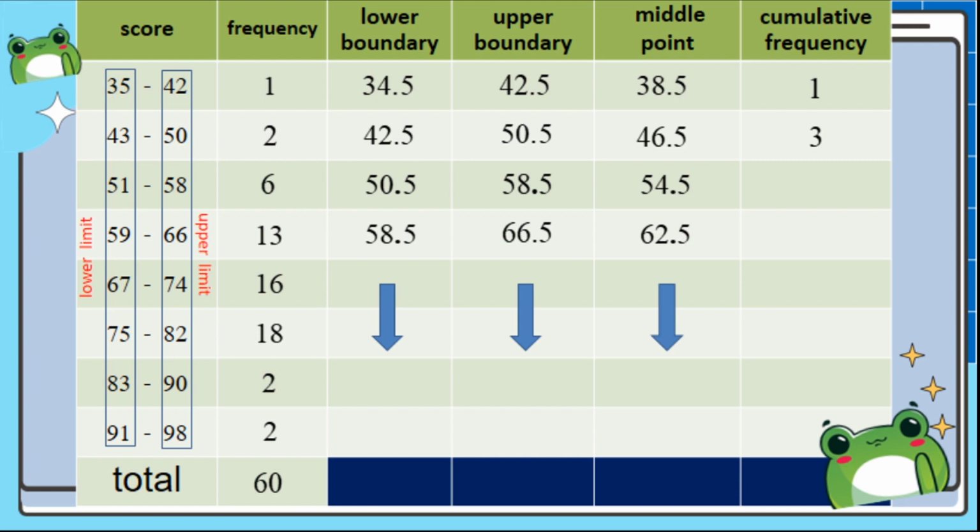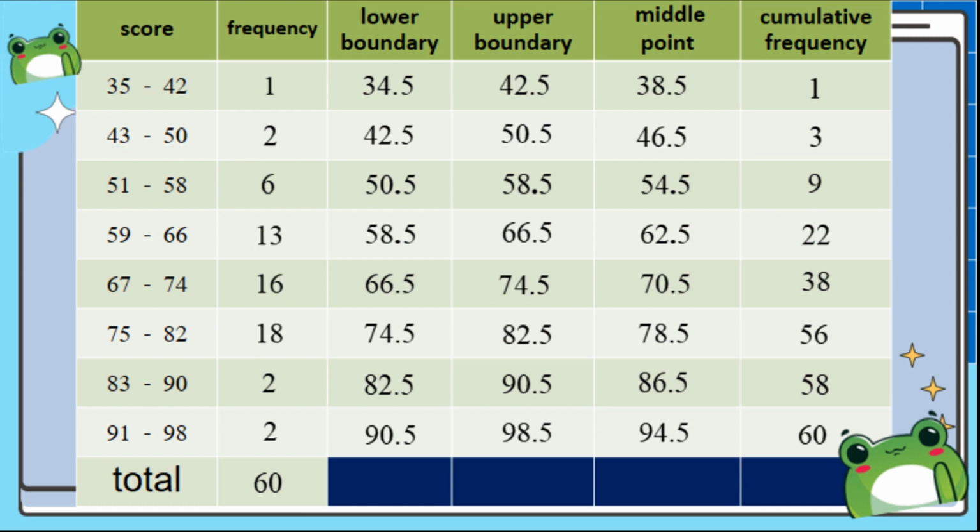And the third class is the sum of the frequency of the first class, second class, and third class, that is 9. 22, like this. Students, please compute the cumulative frequency column by yourself. That will complete the frequency distribution of the examination score. Thank you for watching the clip.